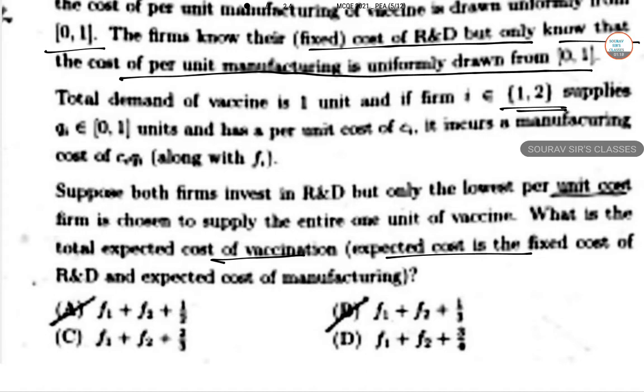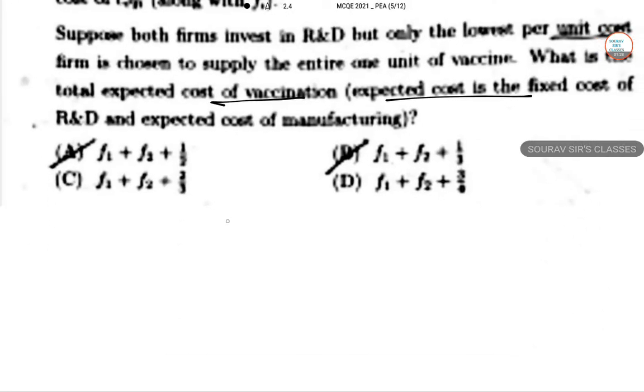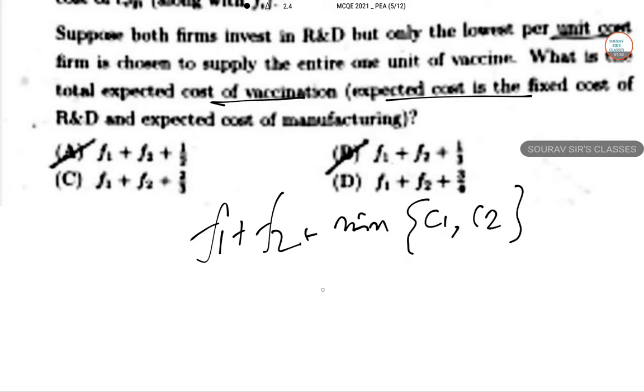So here we need to focus on one thing about the formation. The total cost of vaccination will be F1 plus F2 plus the minimum of C1, C2, where C1 and C2 both form a uniform distribution from 0 to 1.